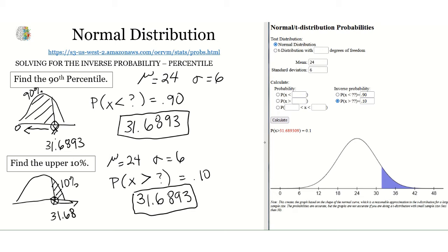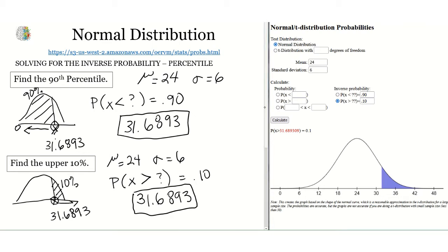And that's one of the things that you want to pay attention to: how is your question worded. If it just asks for a percentile, it's going to start at the 0 and go to the right. It's going to be how we solved for the 90th percentile, and that's going to be your top probability. That's going to be the most common that you're going to use.